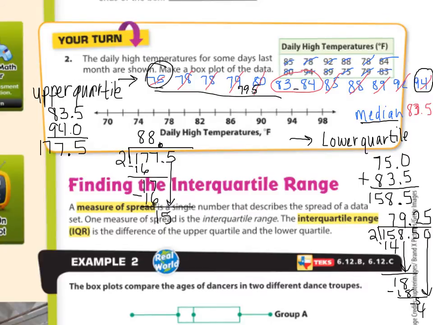Can you see that? All right, so 88.75. 88 and 75/100. Okay, so there are the 5 numbers that I need.